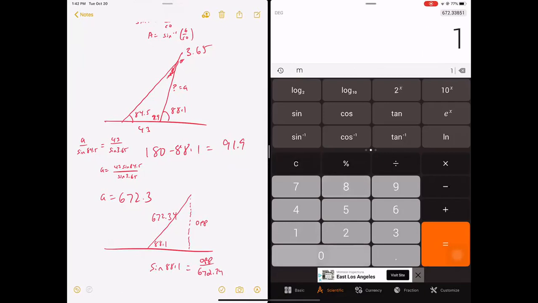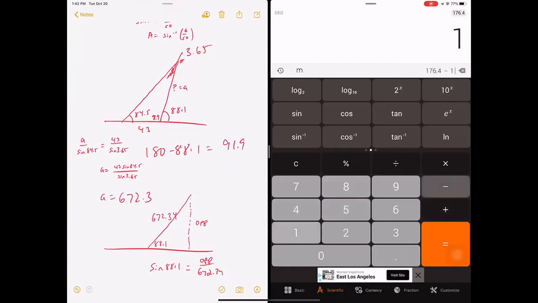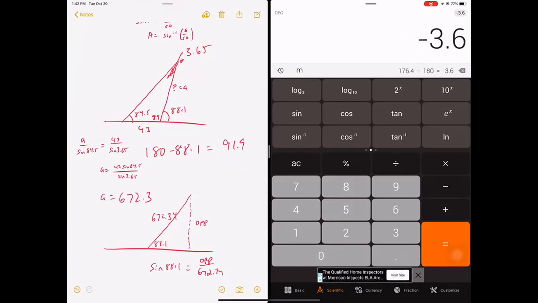Let me make sure. How did I put a 5 here? I don't even know why I put a 5 there. That messes this up a little bit.